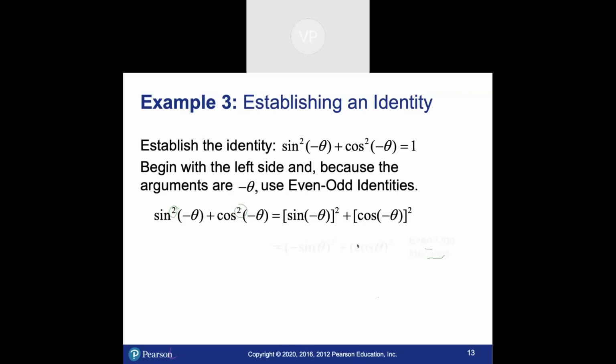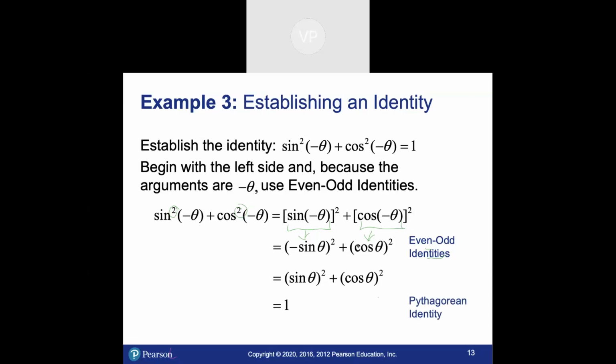That's why they rewrote them with the brackets. Now the next step is we use our even-odd identity rules and say, when I get sine of negative theta, it's the same as negative sine of theta. And when I get cosine of negative theta, it's just the same as cosine theta. But when you square them both, the negative goes away and you get sine squared plus cosine squared, which turns out from another identity to be just 1.